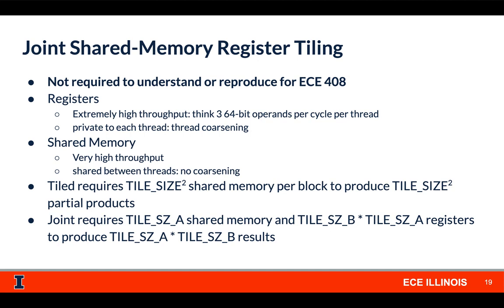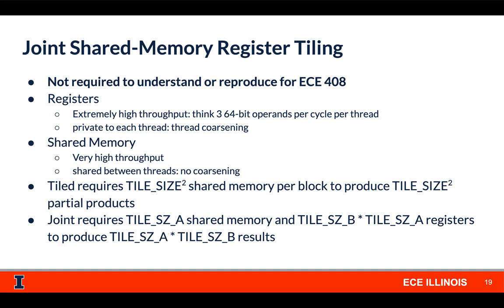So we're talking about three 64-bit operands per cycle per thread, maybe even more operands than that for some instructions. The problem is that these registers are private to each thread. So in order to use the registers to capture any data reuse, like we did with shared memory, the thread has to produce multiple output values.